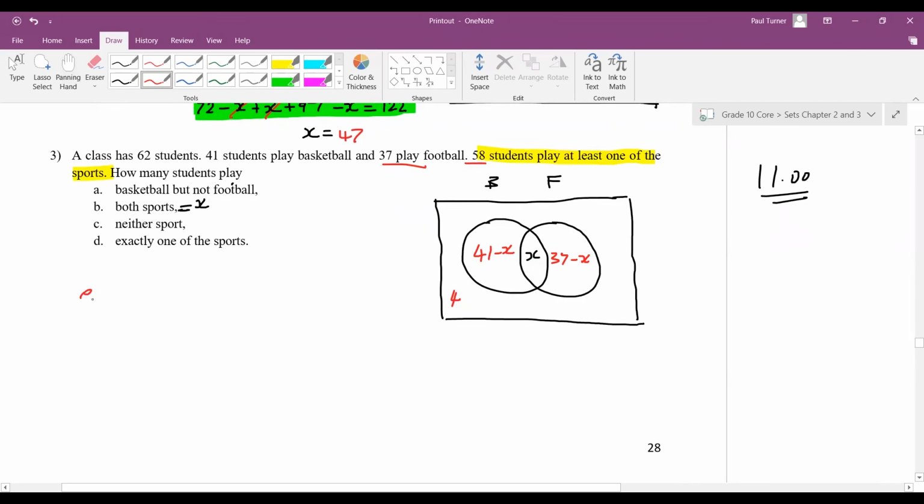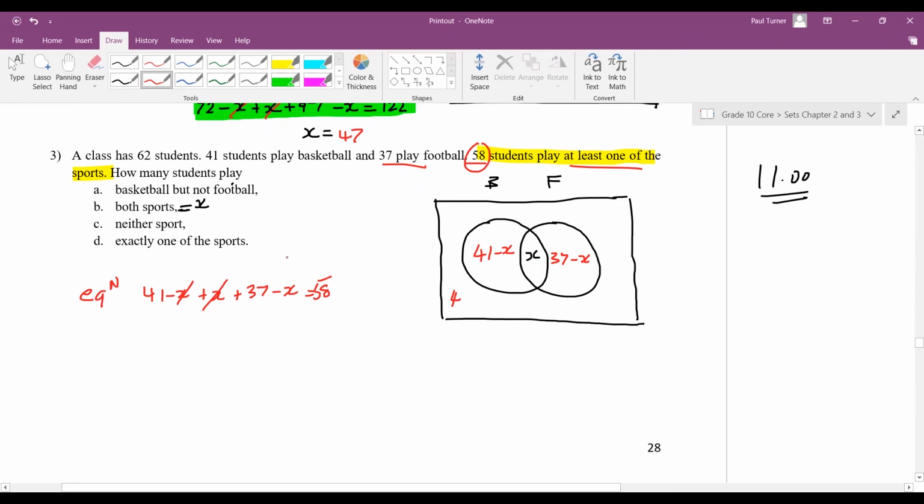So your equation should be 41 minus X plus 37 minus X, and that should add up to be 58 because they play at least one of the sports. 58 in here. So cancel out your X's.